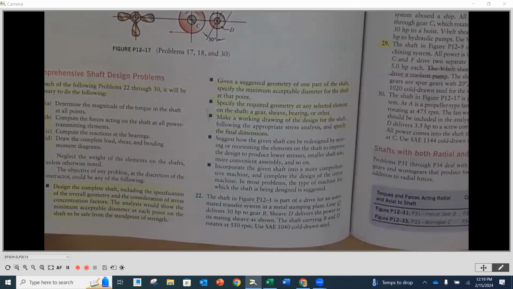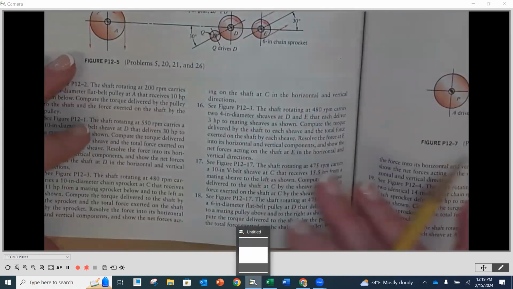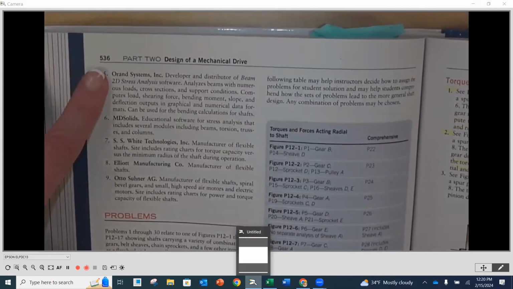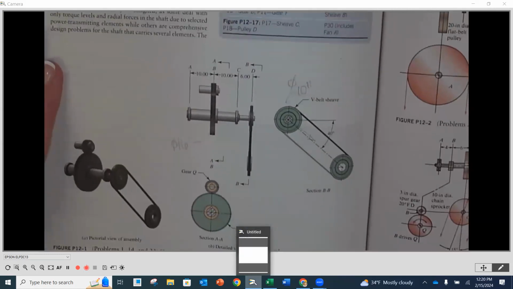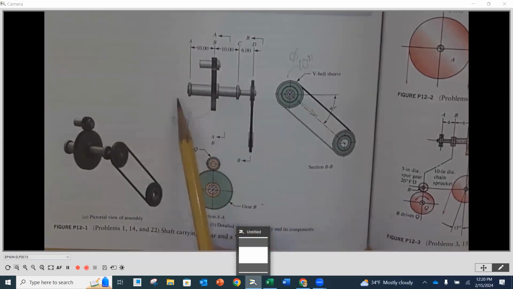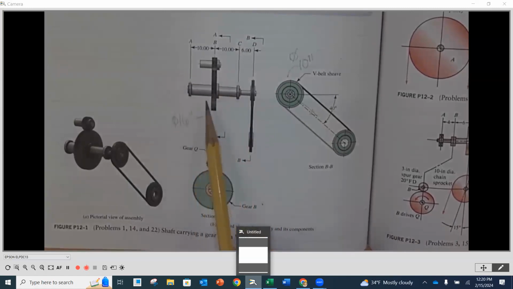So what we're going to do is look at that illustration. We have to go back to the beginning of the problems. It's found on page 536, right here at the bottom. The shaft that we are focusing on is this one right here. This is like a front or side view of it.